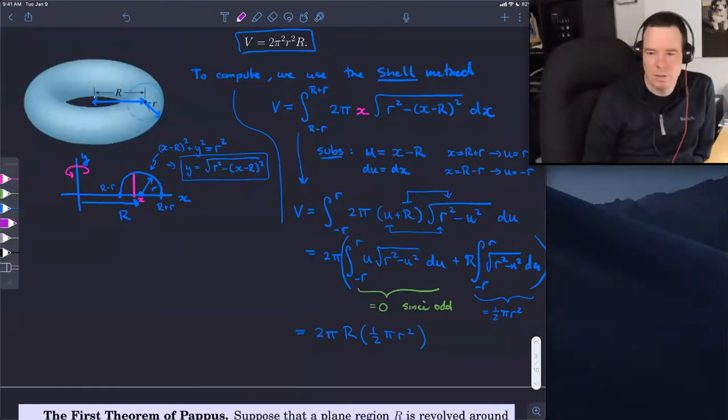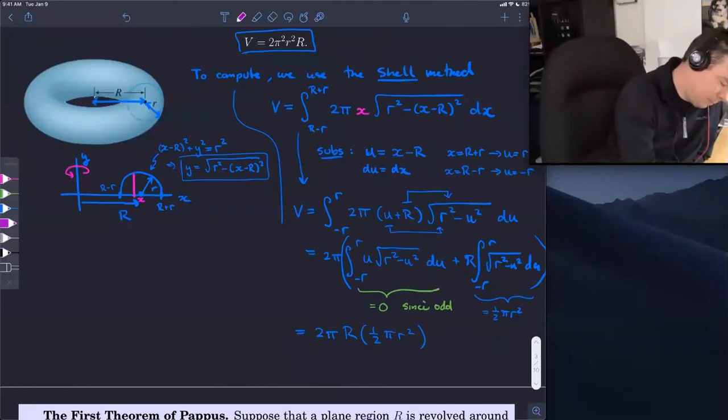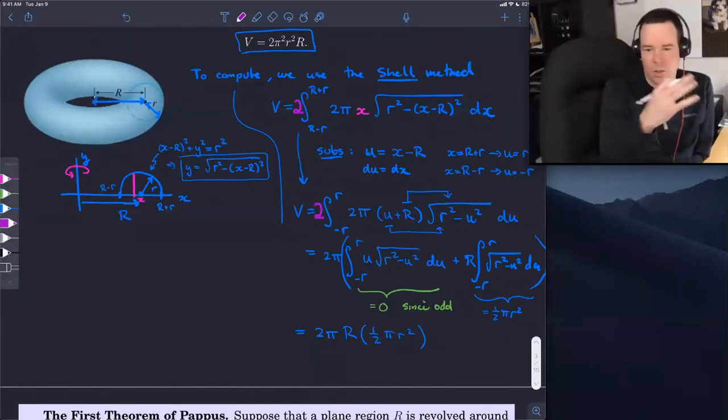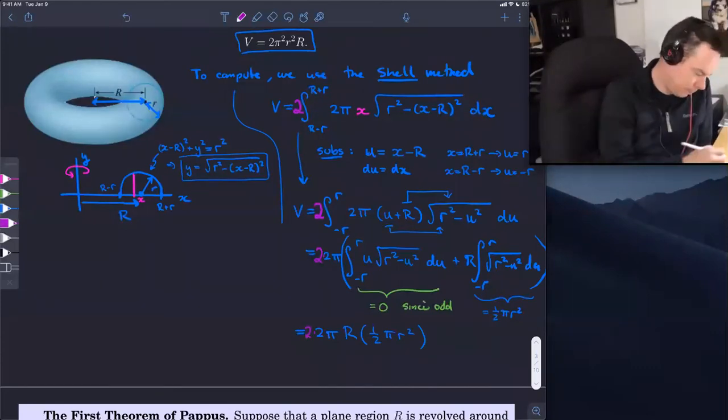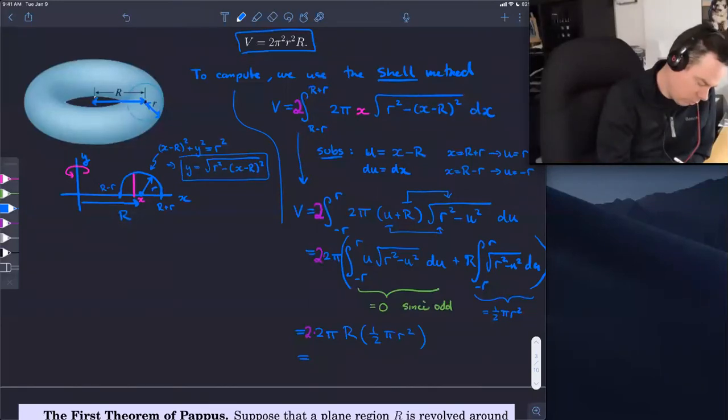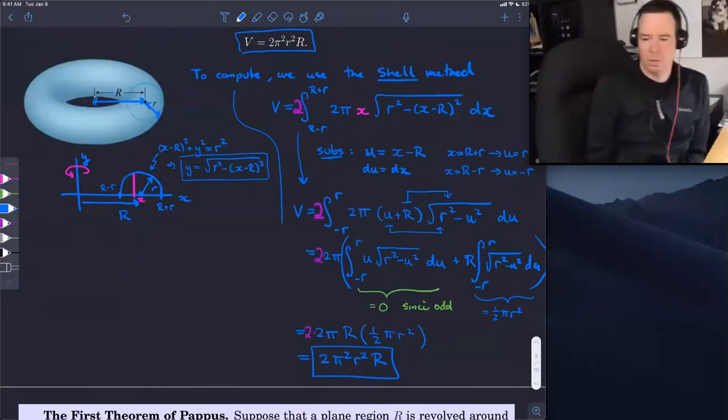And because I used symmetry right from the start, there's actually a 2 in front of everything, because I only did the integral involving the upper portion of the torus. So there's actually a 2 all the way along here, another 2 there. And so now we get the result of 2 pi squared, little r squared, big R. And that is our integral.